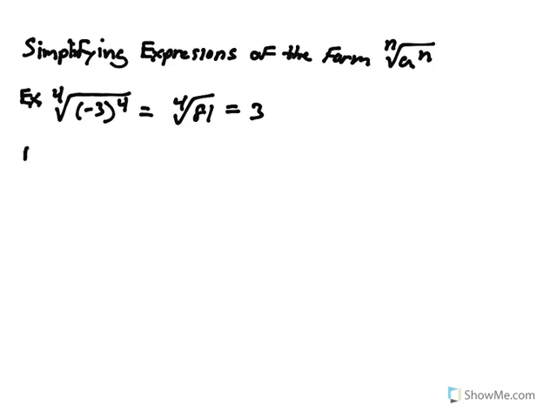Let's look at another one, okay? Let's look at, how about the fifth root of negative 3 to the fifth power, okay? Now keep in mind, if you take negative 3 and raise that to the fourth, that's essentially saying negative 3 times itself 4 times, and you have 4 negatives, that gives me a positive.